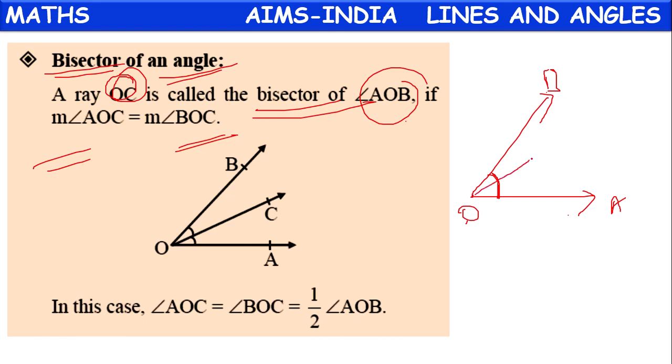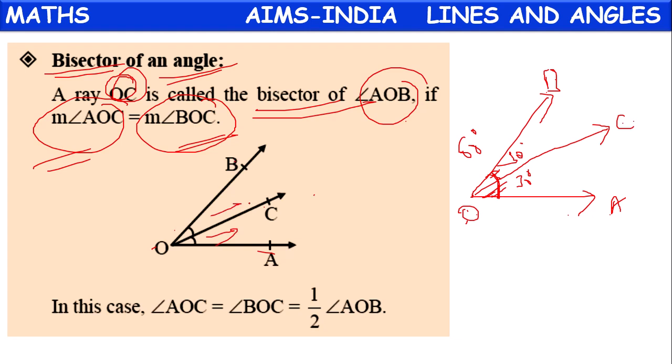Suppose the total is 60 degrees, then this part is 30 degrees and this part is 30 degrees. Means measure of AOC equals measure of BOC.